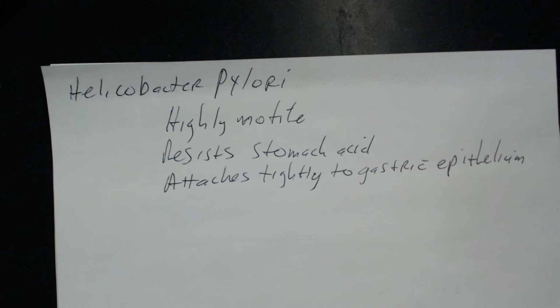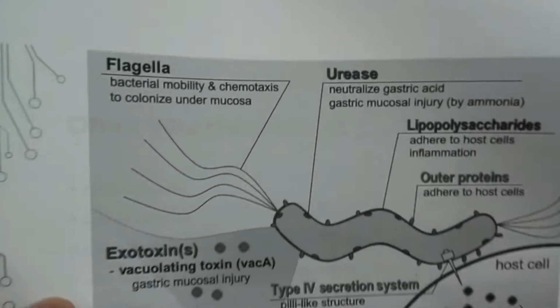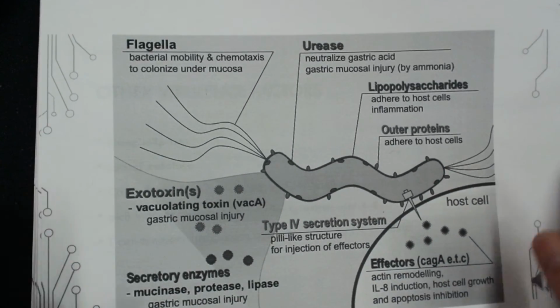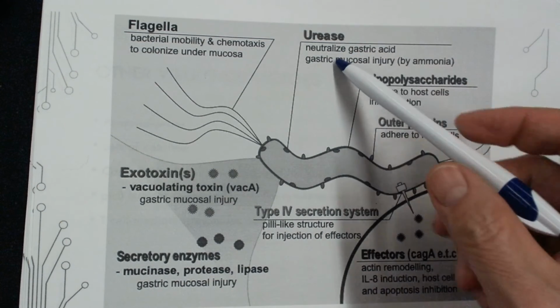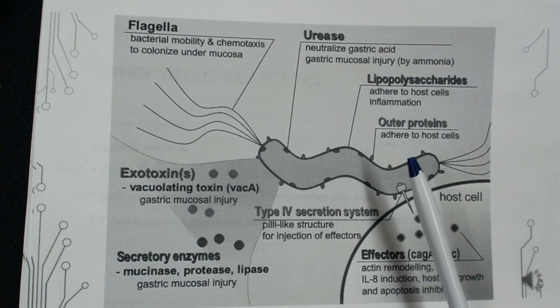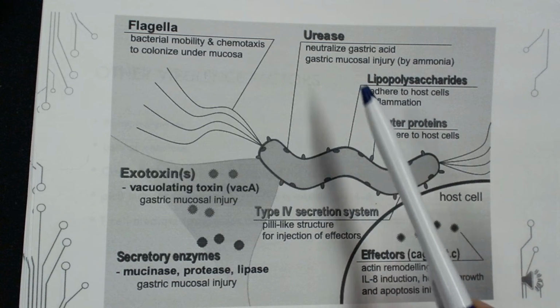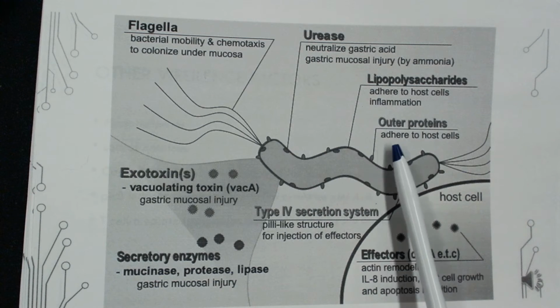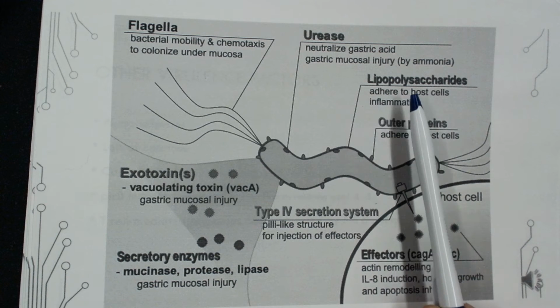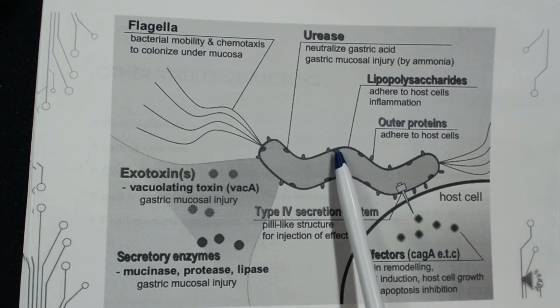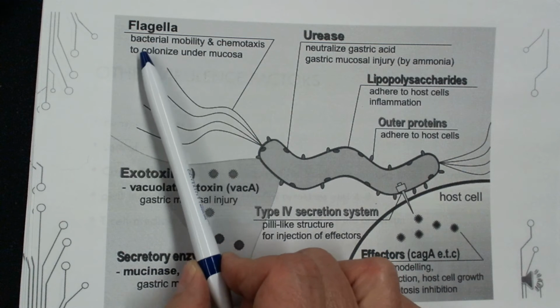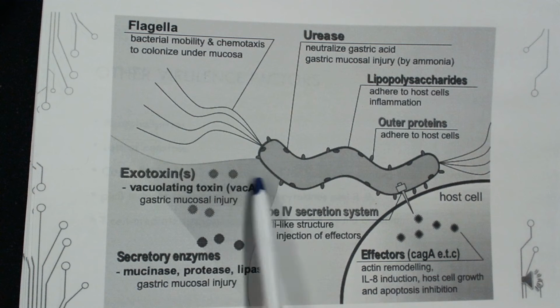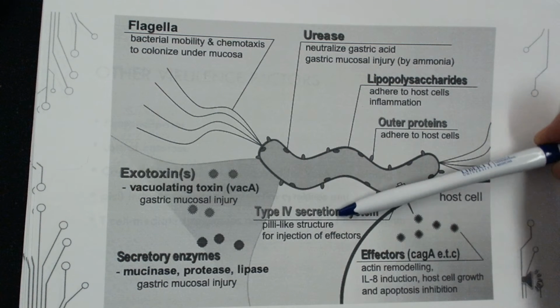Now, Helicobacter pylori has several disease-causing tricks up its sleeve. So first of all, it's the urease I talked about. And proteins, these are other adhesins. It has lipopolysaccharide that can induce inflammation. The motility helps it colonize the mucosa. It can burrow through this thick layer of mucus.